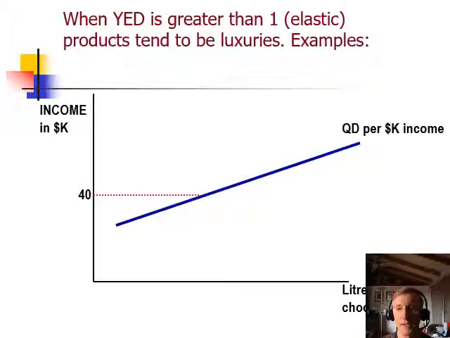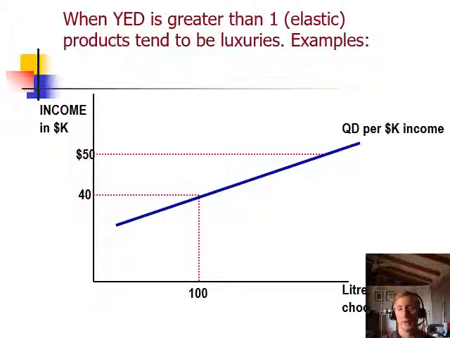So once again, if we start at a $40,000 a year income, and if we're talking about liters of chocolate milk in this case, then as income increases to $50,000 a year, maybe what's going to be happening is, in addition to that milk that's already been bought for usual purposes of breakfast and tea and coffee, now the chocolate milk is for dessert and extra beverages.